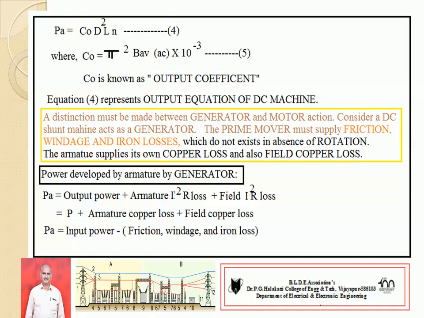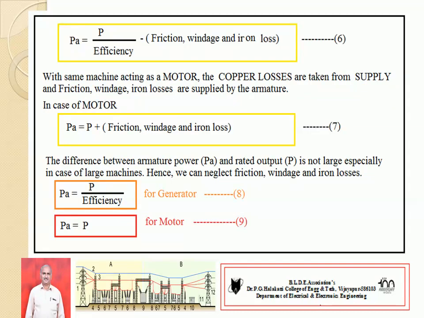You know the output, convert into input, that is P by efficiency minus friction, windage and iron loss. We can obtain equation 6.